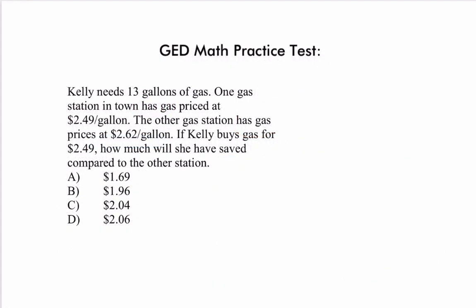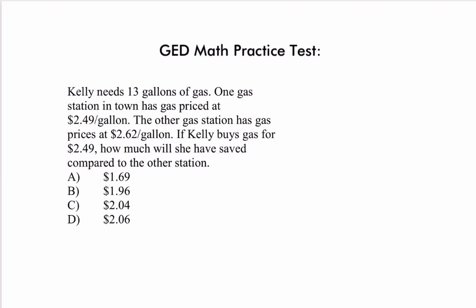Okay, next: Kelly needs 13 gallons of gas. One gas station in town has a gas price of 2.49 per gallon. The other gas station has a gas price of 2.62 per gallon. If Kelly buys gas at 2.49, how much will she save compared to the other station? Definitely, we need to get two pieces of information and subtract them.